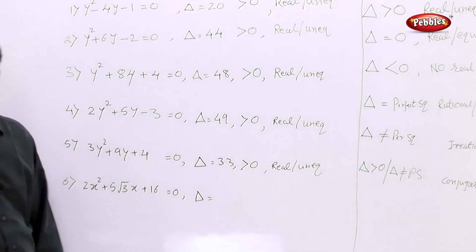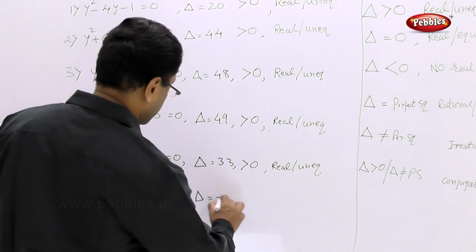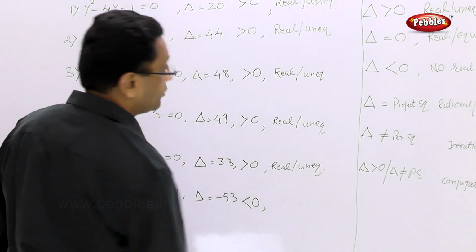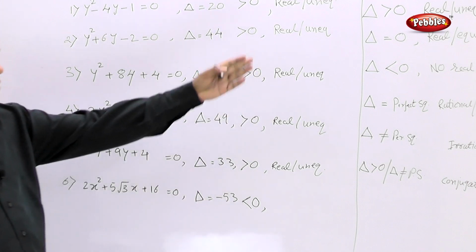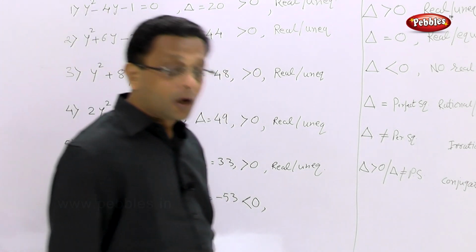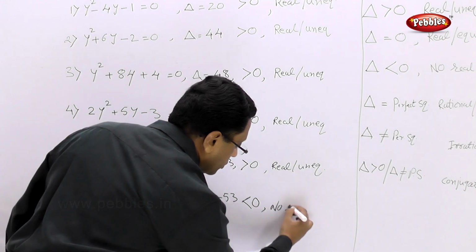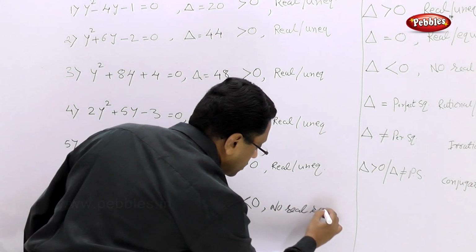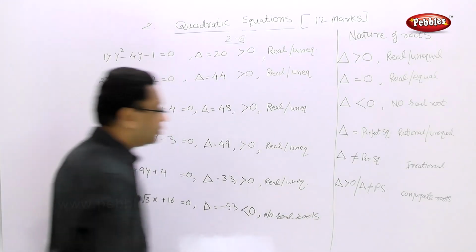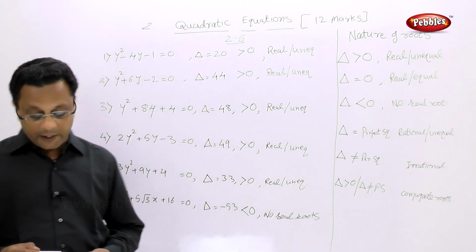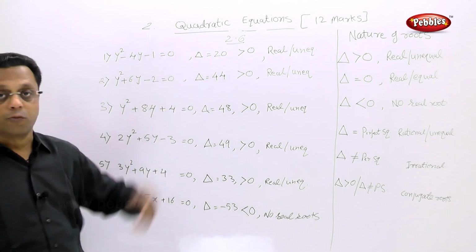Delta is minus 53, which is less than 0, and when it is less than 0, the roots are not real. We will say no real roots.